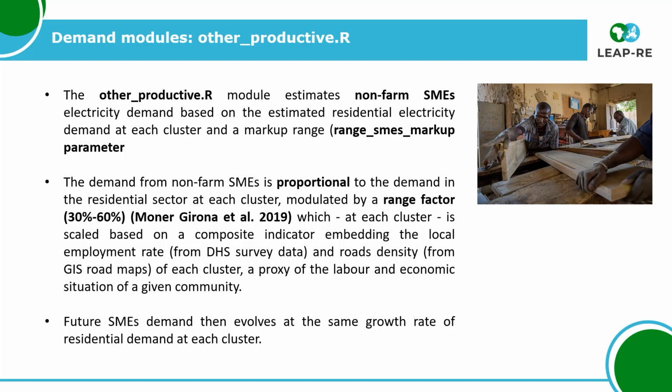The value within this defined range is proportional to the residential sector demand with this range factor. In each cluster, it can range between these two values based on the local employment rate and road density, and these two elements are a proxy of the labor and economic situation of a given community, how active and vibrant the local entrepreneurial community is. And then the SMEs' future demand evolves at the same growth rate of the residential demand at each cluster.